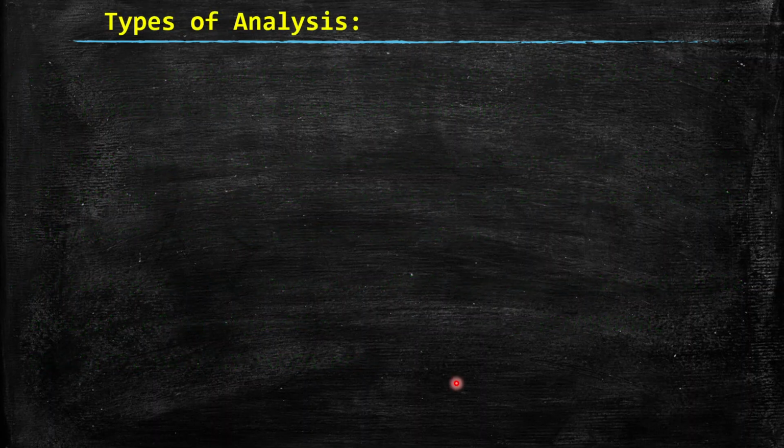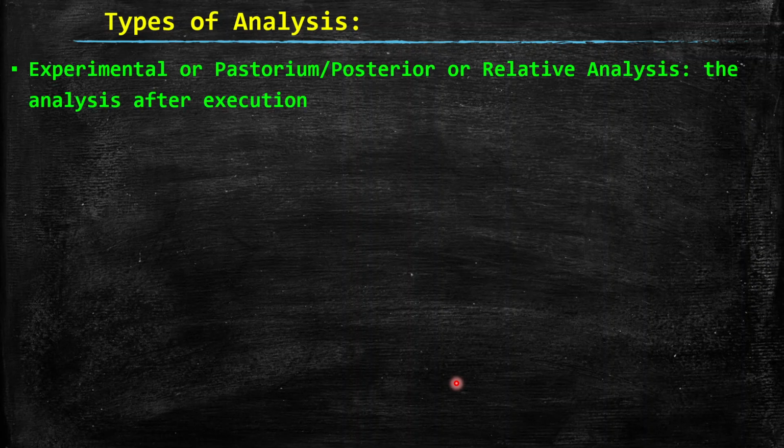So, types of analysis. This is really important, so you have to understand this. For example, we have two different types of algorithm analysis. First is experimental, also called posteriori, or relative analysis. This analysis is done after the execution of the program. For example, suppose I have a 5-line program.